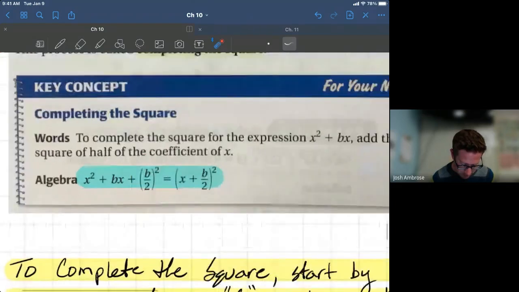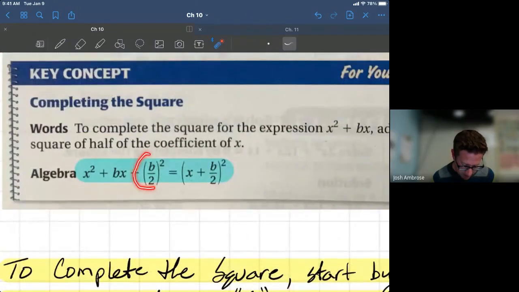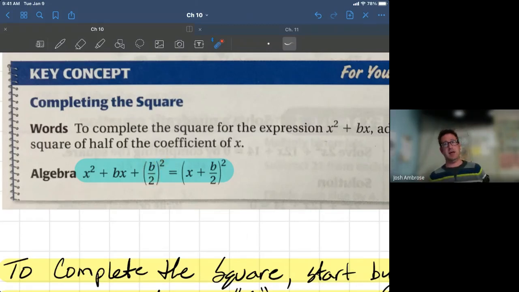Let's zoom in a little bit. This right here is the new equation where you're going to take the value of b divided by 2, figure that out, then square that answer. That, for starters, is always going to create a positive value, because anytime you square a number, it always creates a positive value.